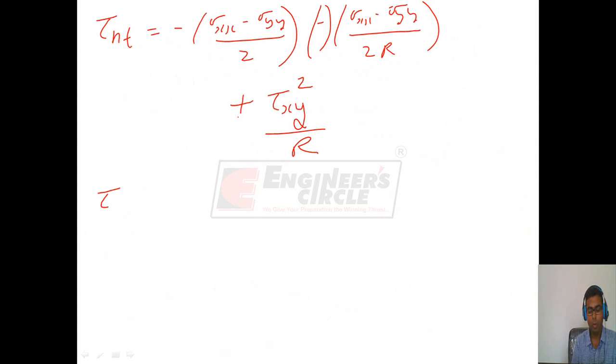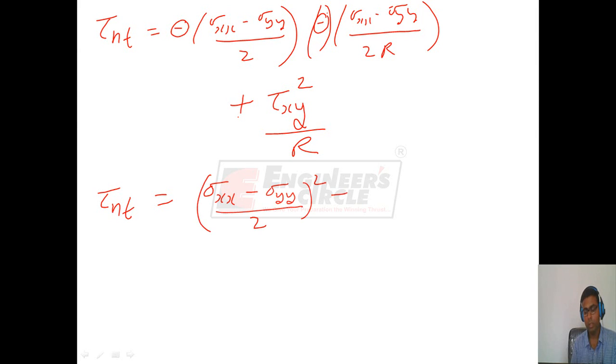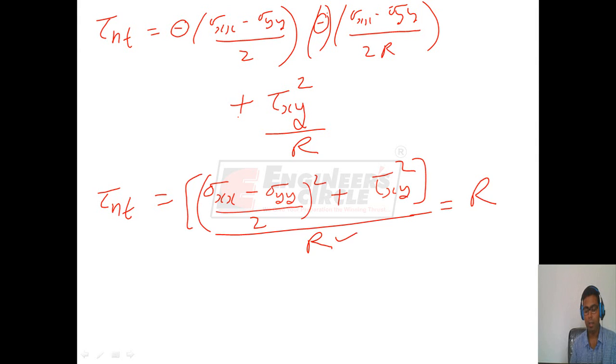Therefore we get tau nt equal to, this minus and this minus becomes plus, we get ((sigma xx minus sigma yy) by 2) whole square plus tau xy square, whole divided by r. The above term, that is the numerator, is r square and this is r, so we finally get r.